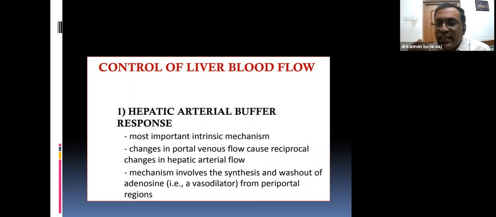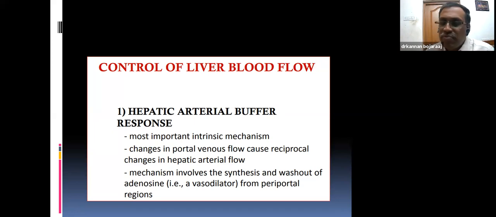If there is any reduction in portal flow, the hepatic arterial flow automatically increases to compensate. Many mechanisms are involved, and many vasodilators are released during portal hypertension to increase the flow to compensate in normal physiological states.